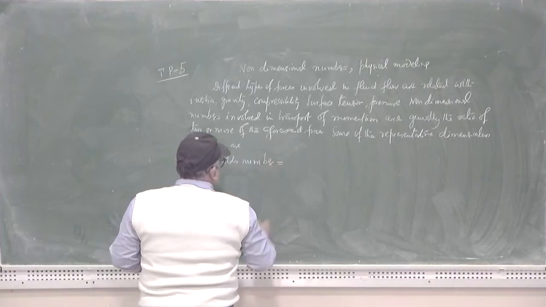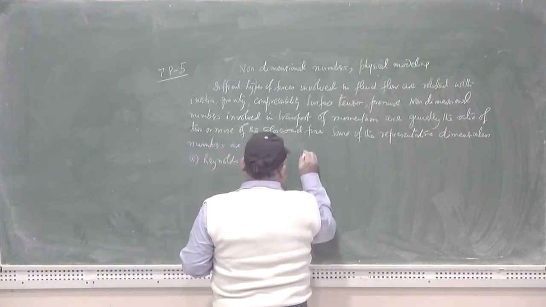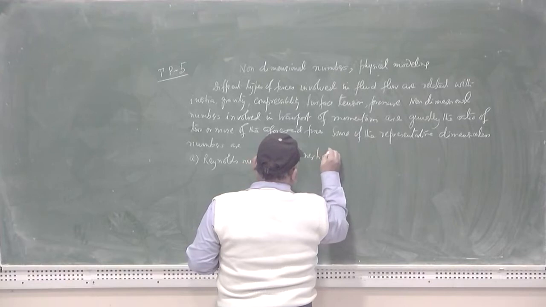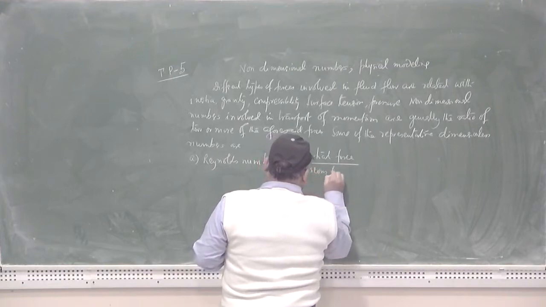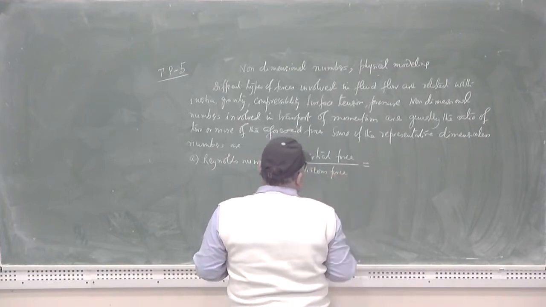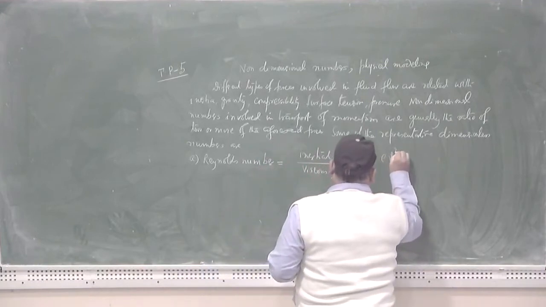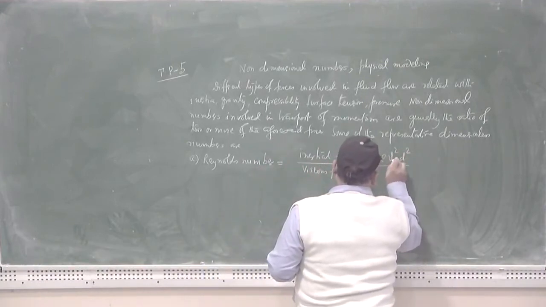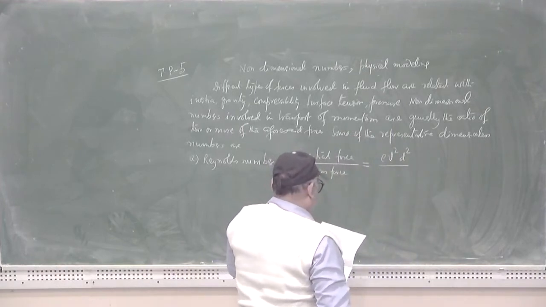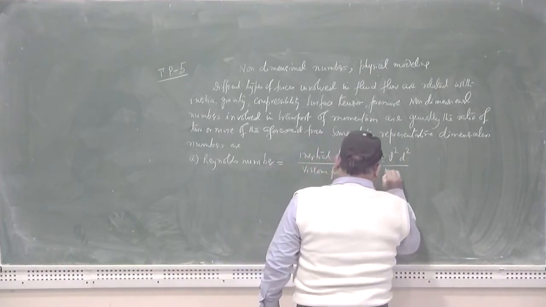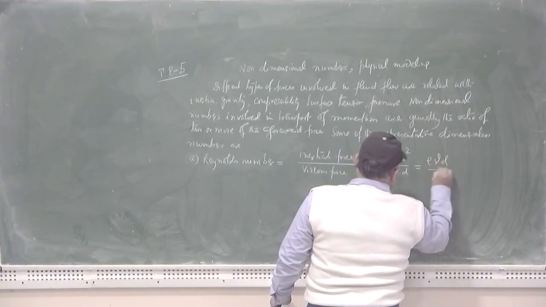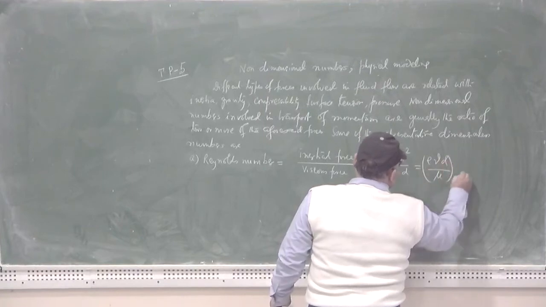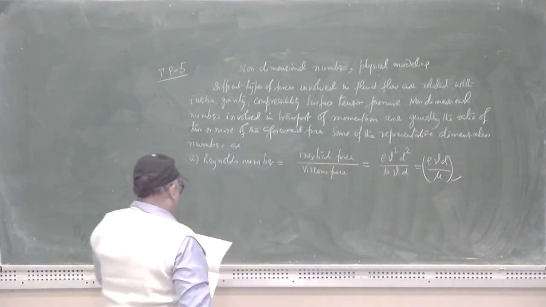It is defined as inertial force divided by viscous force. So, the inertial force can be represented as rho V square d square, where V is the velocity and d is the characteristic dimension. V square d square divided by viscous force, which is mu into V into d, that is equal to rho V d by mu. This is your definition of Reynolds number.